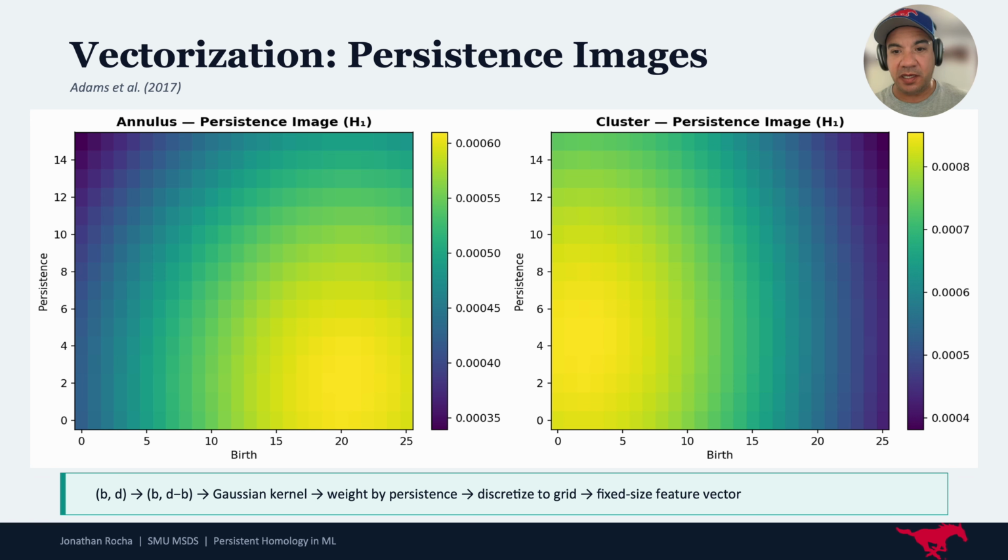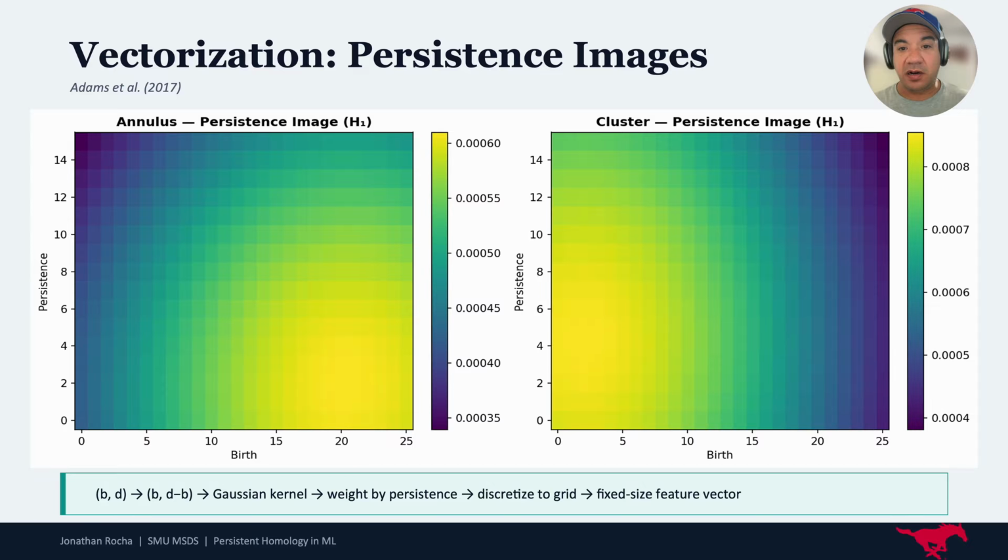The pipeline is as such. Transform each point from birth-death coordinates to birth-persistence coordinates. We go from (b, d) to (b, d minus b). Place a Gaussian kernel at each transformed point. Weight by a function of persistence, so more persistent features get more weight.